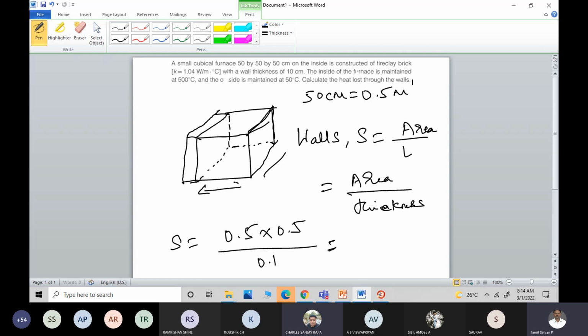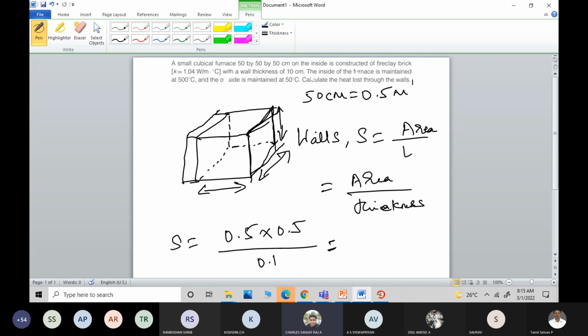This is 50, but on all sides the wall is there, with thickness of 10 centimeters. We are considering only this surface. The area will be 0.5 into 0.5. If you consider that 0.1 also, then it becomes the volume, not the area.